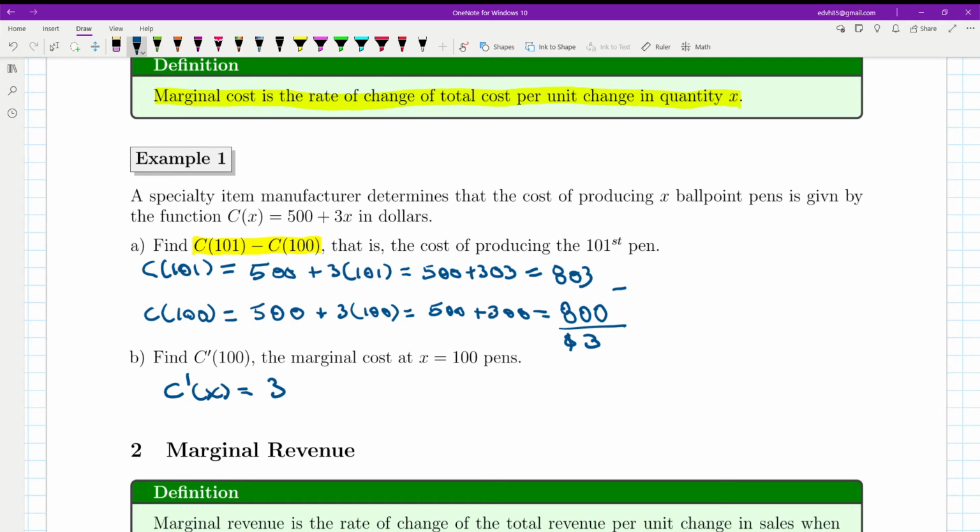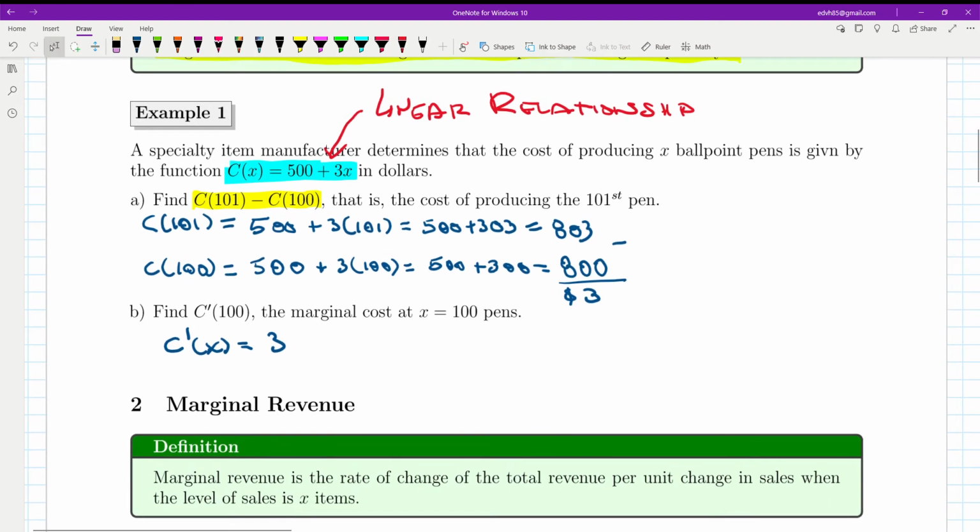It shouldn't be surprising, since we are working with a linear relationship. When you take the derivative of a linear function, you just get a constant. That is, it's the rise over run. The rate of change is always the same, and that's why we get both results to be the same.